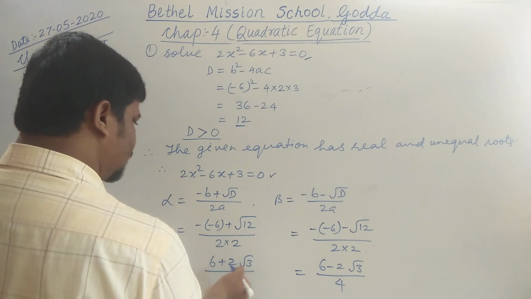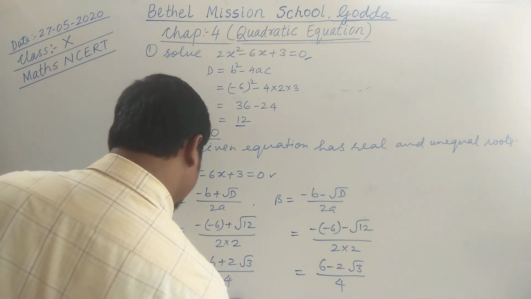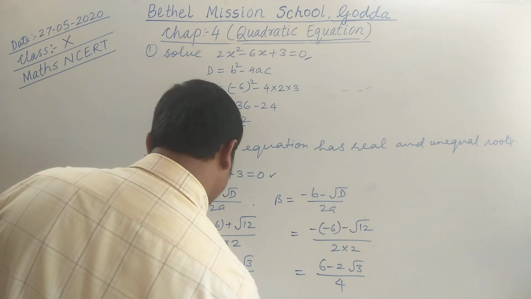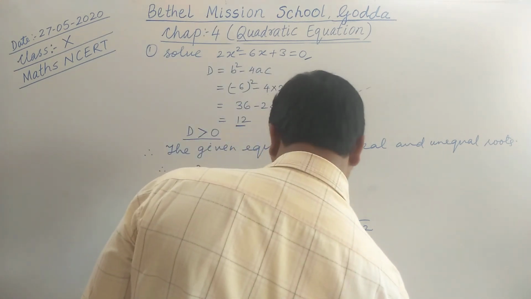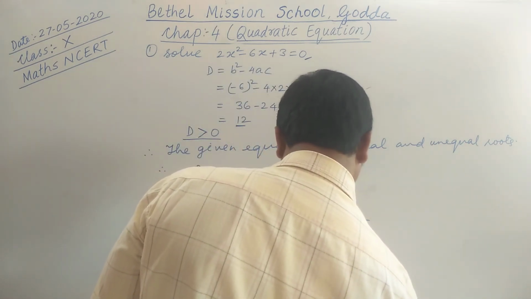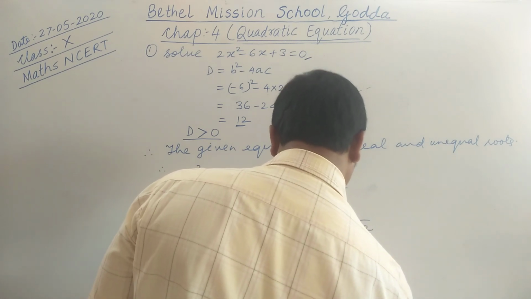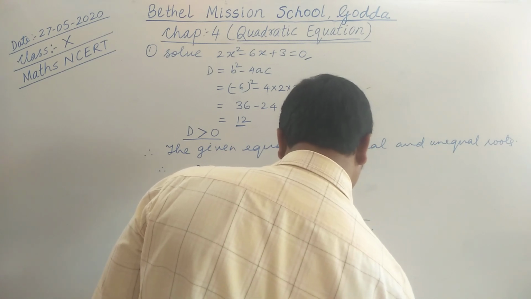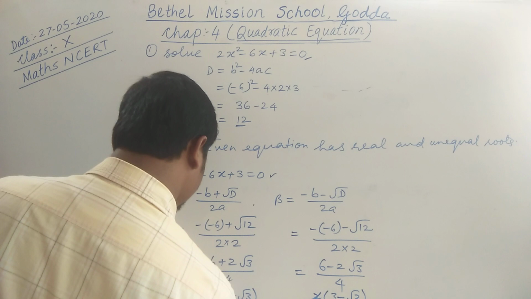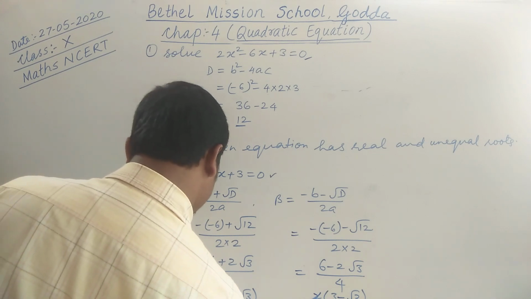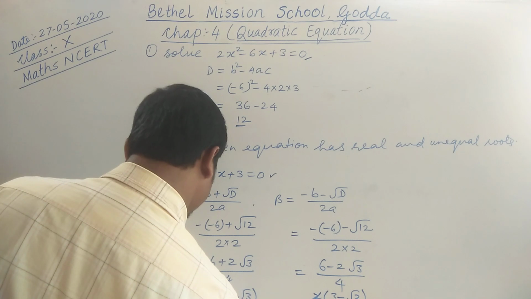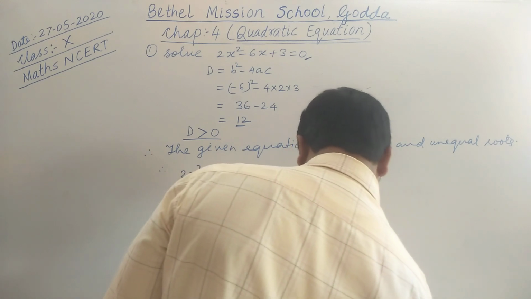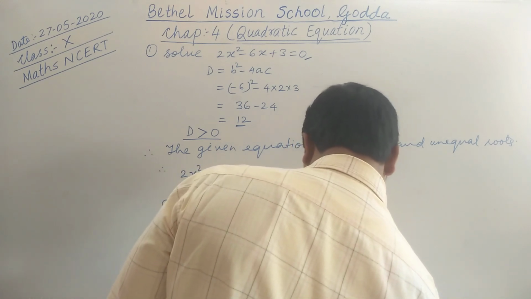From both 6 and 2√3, we can take 2 common. So 2(3 + √3) / 4 equals (3 + √3) / 2, and 2(3 − √3) / 4 equals (3 − √3) / 2.